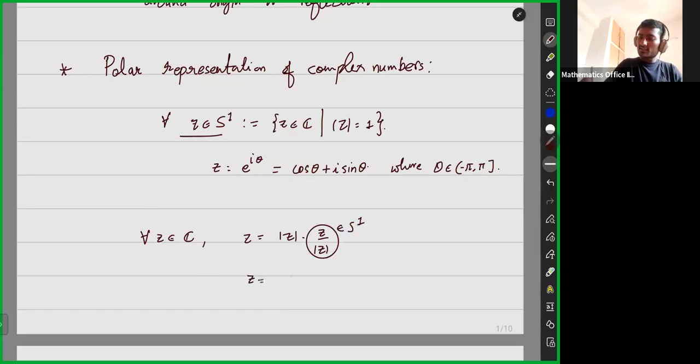So z can be written as R times something in S1, and elements of S1 can be written as e to the power i theta. In this decomposition, R is positive, it could be 0 also, depending on z. If z is 0, then only it is 0. So R is a non-negative number, and theta belongs to minus pi to pi.